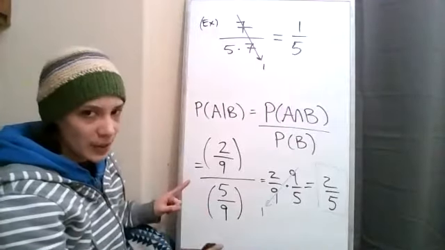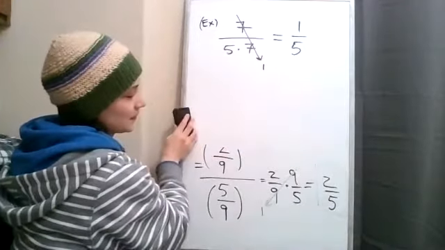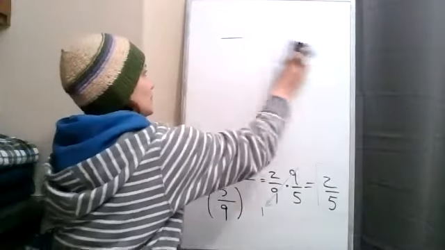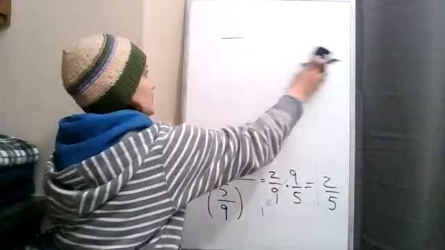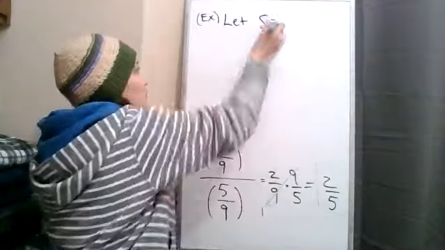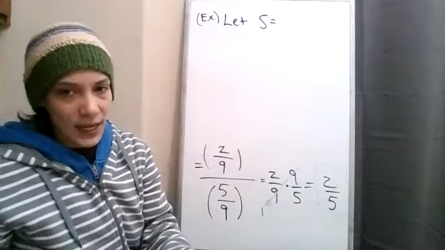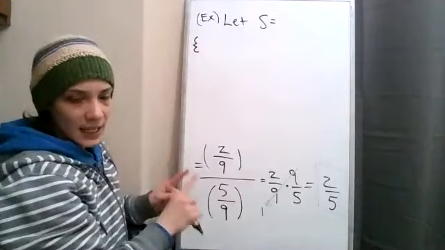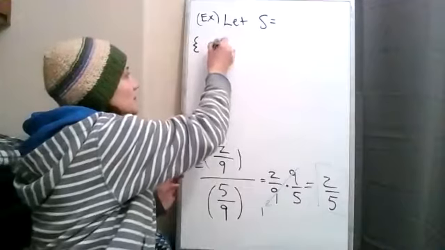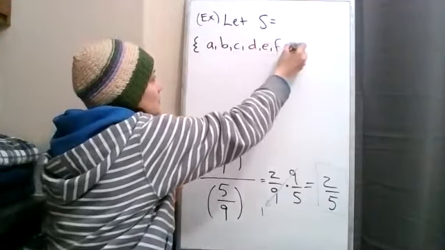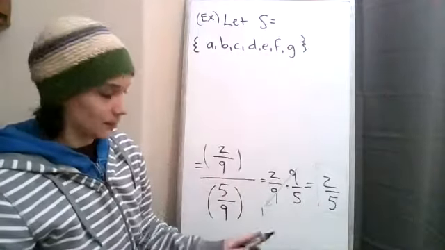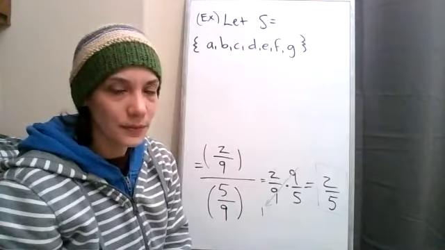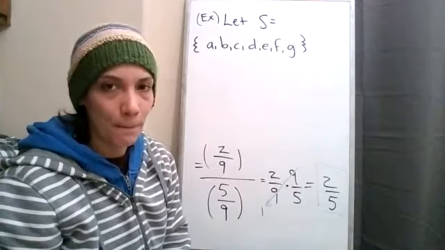Let's go into a new sample space. Okay, we have a set that contains A, B, C, D, E, F, G. Could you repeat, my audio was ahead of the board, so I was asking what the sample space is, but now I can see it on the screen.